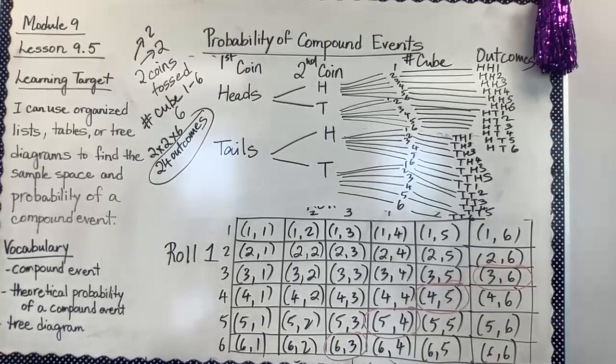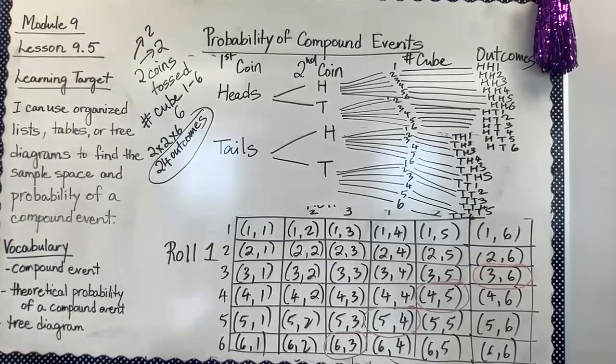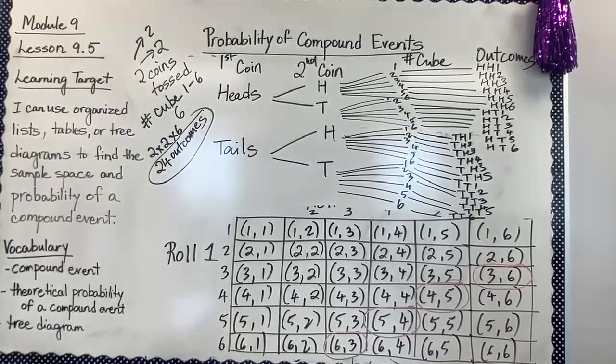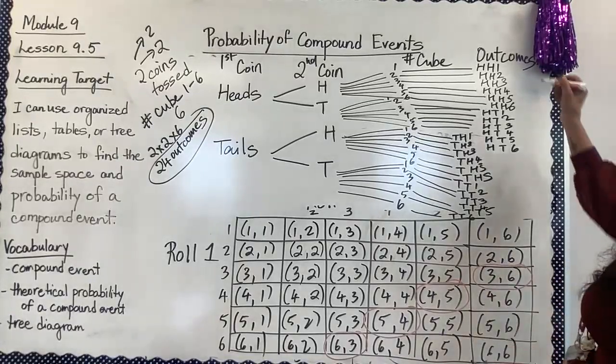Now what we are looking for is the probability of tossing heads at least once and rolling an even number. So, are we tossing heads at least once?